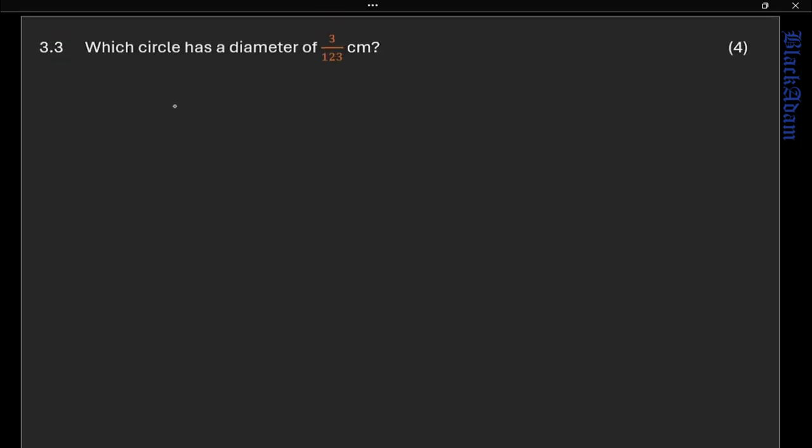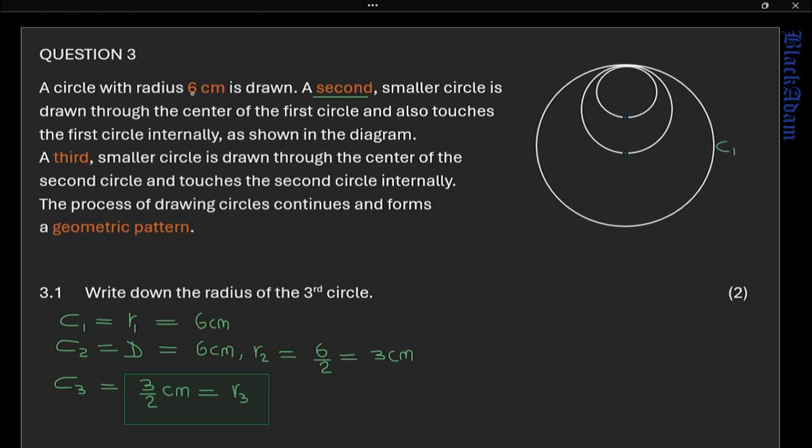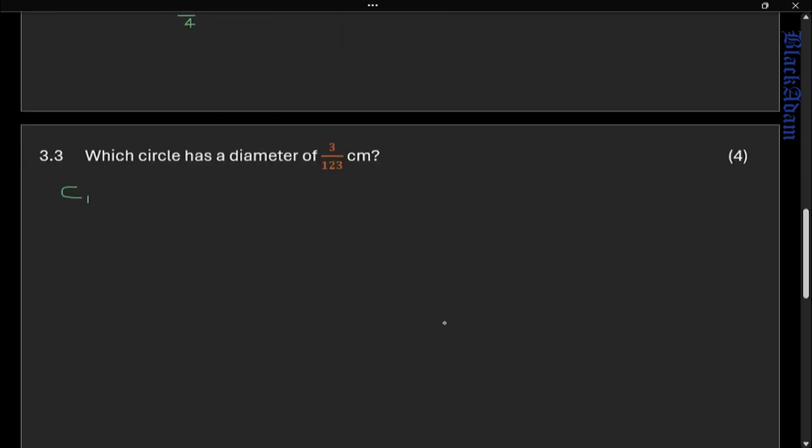The third question, we need to find the cycle that has a diameter of 3/128. I think I made a mistake there. Okay, that's cycle 1, and that's our diameter, which is 12 centimeter.